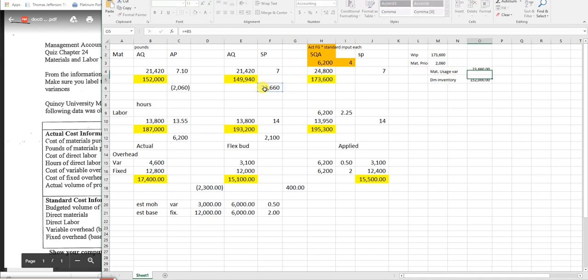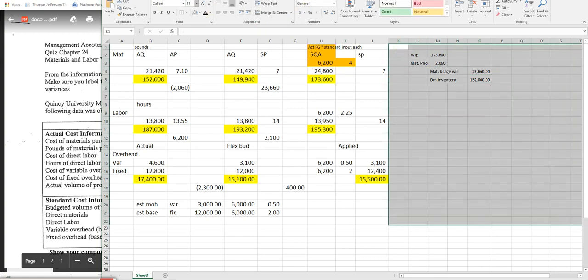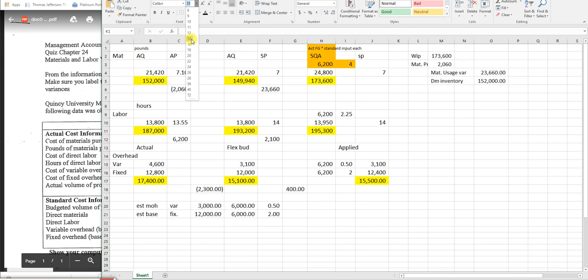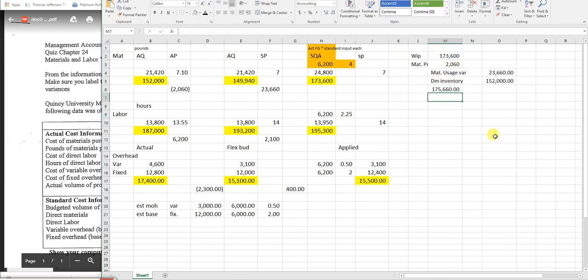So I have 23.6. So let's see if we balance. And I have debits of 175,660 and credits of 175,660. So I'm good. So there's your journal entry.